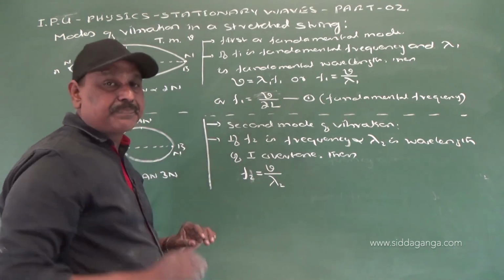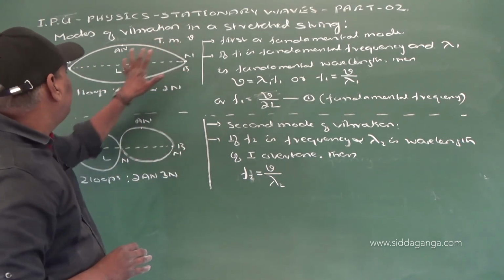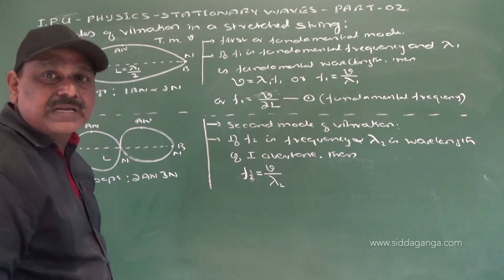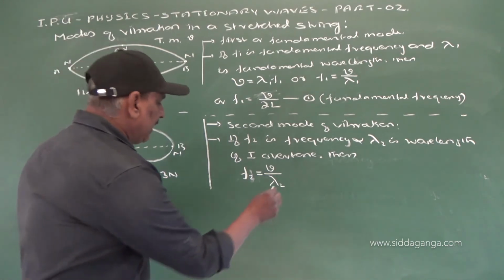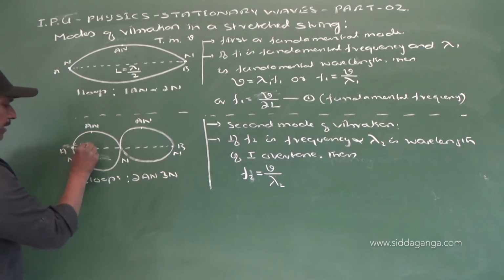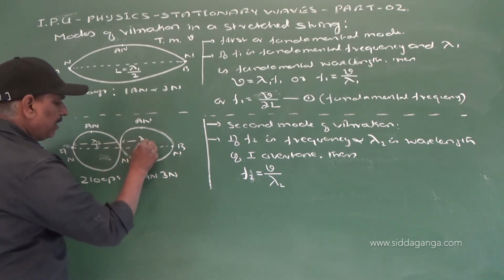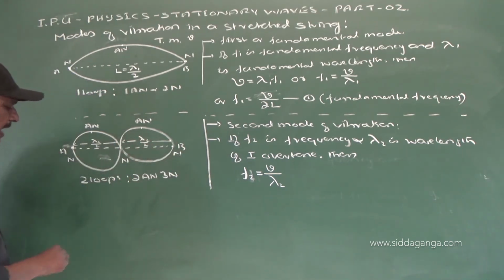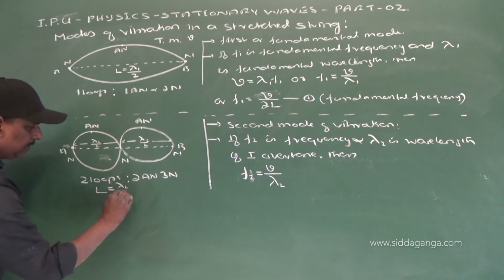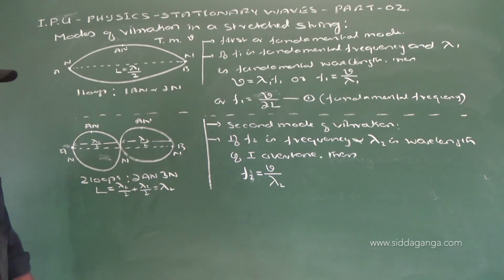Again remember I have told that velocity depends upon T and M. There is no change in T, M and L here. Only the loops are changing, or the number of nodes and antinodes are changing, right. But when I take this length L, this is lambda 2 by 2 and this is lambda 2 by 2, and therefore length L is equal to lambda 2 by 2 plus lambda 2 by 2, which is equal to lambda 2, right.